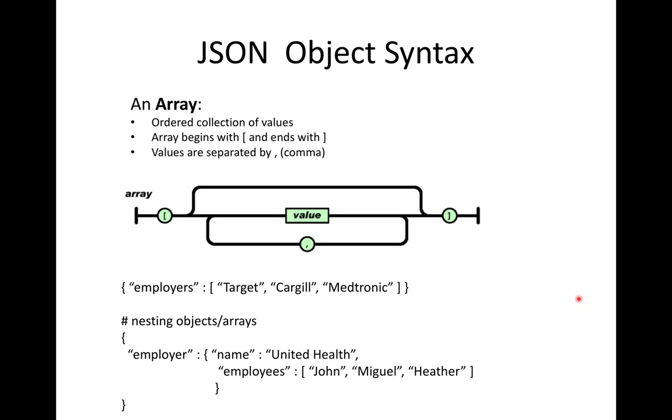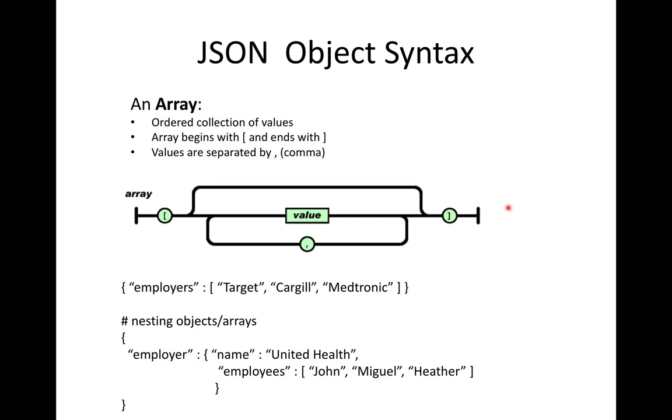We can also create arrays, and arrays are ordered collections of values. Each array begins with a left square bracket and ends with a right square bracket. And in the middle, we have a value. And remember, a value can be a set of key value pairs.